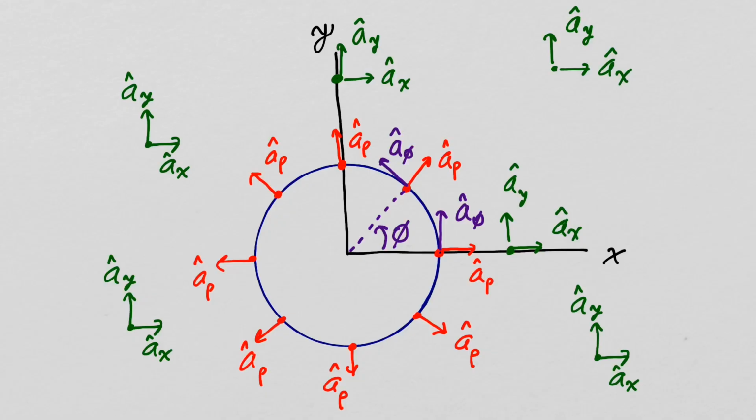So at this point, the direction of increasing phi would point like this, so that's our unit vector in the phi direction. At this point here, here's our angle phi, so the direction of increasing phi would be like this, so here's our unit vector in the phi direction at this point, and so forth around our circle.